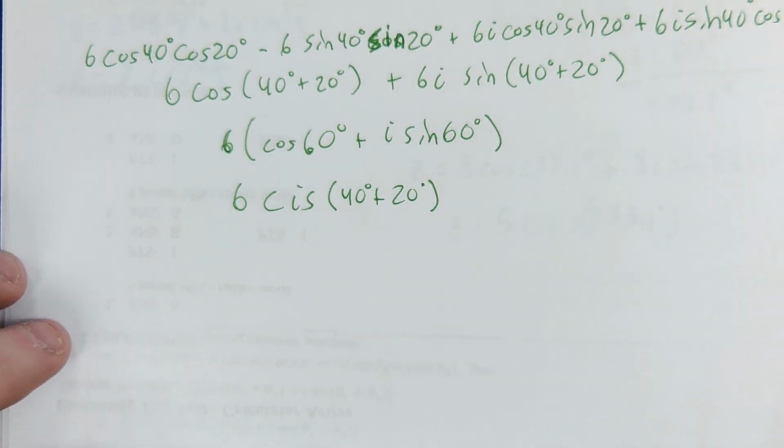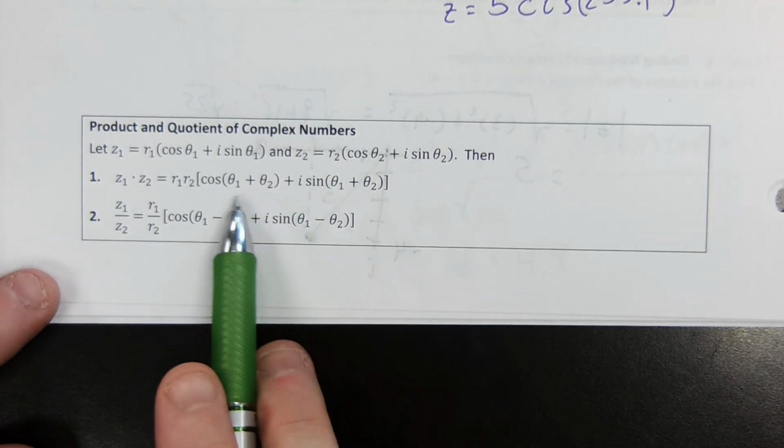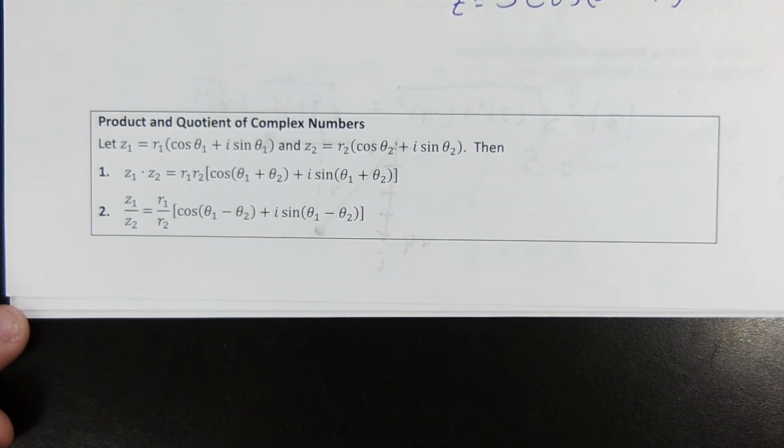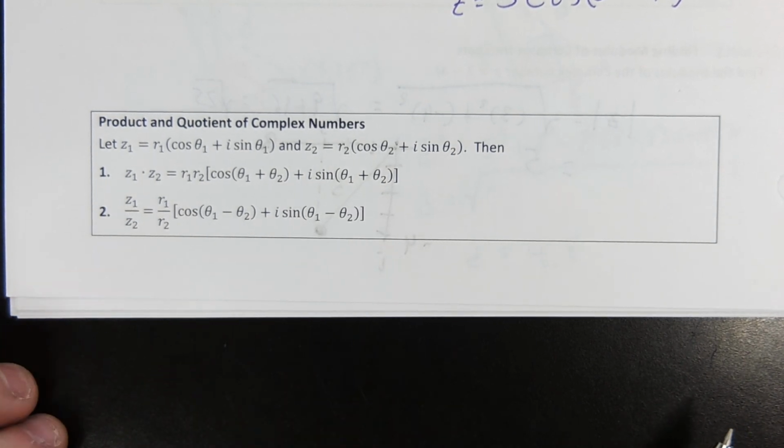It's like we just discovered the formula that is right here in these boxes. That's why this works. Because it uses the trig sum and difference identities. The trig sum identity results in this formula in polar coordinates.